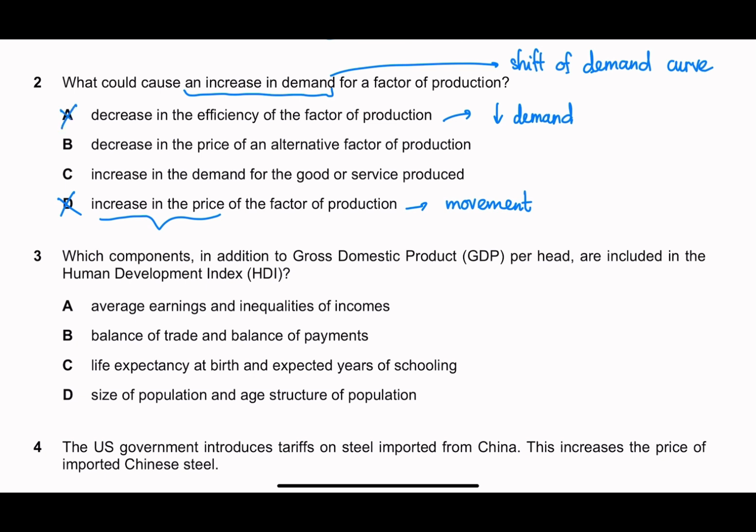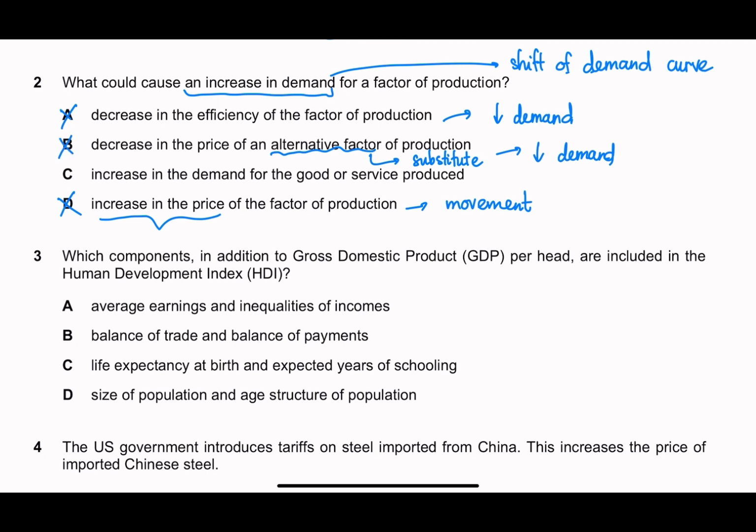And then B, decrease in the price of an alternative factor of production. So if we have the alternative factor here, we can understand it as a substitute. So if there's a decrease in the price of a substitute, the demand for the factor of production would actually decrease because people would prefer the cheaper substitute. This would lead to a decrease in demand.